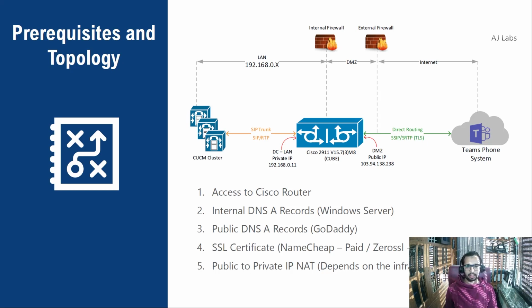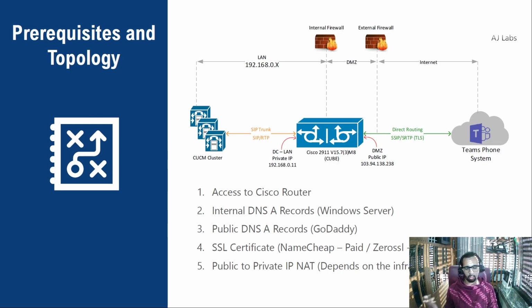So I'm going to be integrating my on-premise Cisco Unified Communications Manager, or CUCM, which is an on-premise PBX or telephony solution, with the Microsoft Teams phone system. Microsoft Teams is a cloud-based telephony solution. There are certain scenarios where a customer already has a CUCM setup and they also have a Teams setup. There will be a bridge between these two in the form of an SBC.